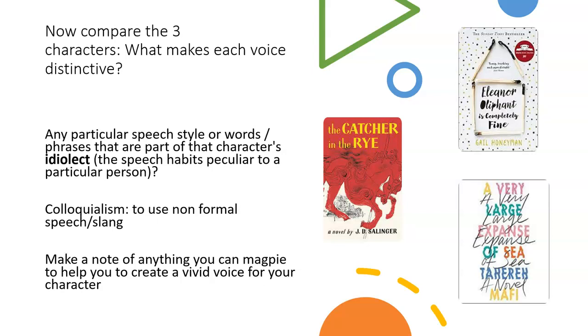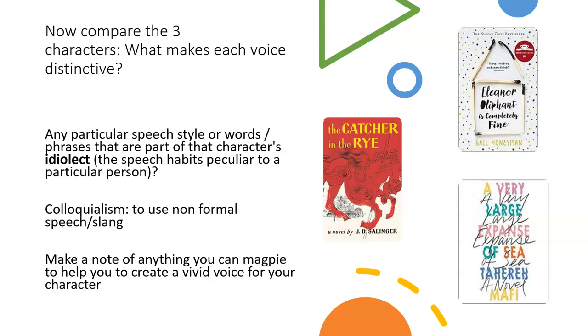Now I think in both of the extracts, A Very Wide Expanse of Sea and Catcher in the Rye, it's not about that lack of education, it's about those young people, because they both use taboo words and swearing. So there is an idea that they're a lot less formal, and that may well appeal to a reader, and it certainly is useful to know that you can do that when you're creating the voice of your character.